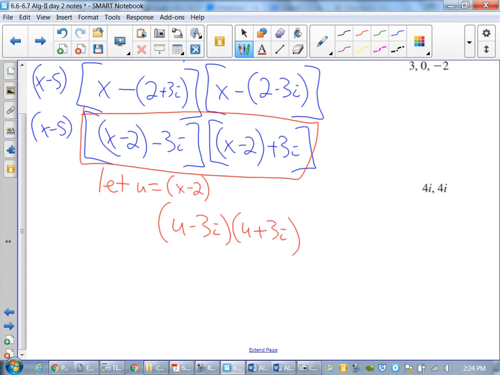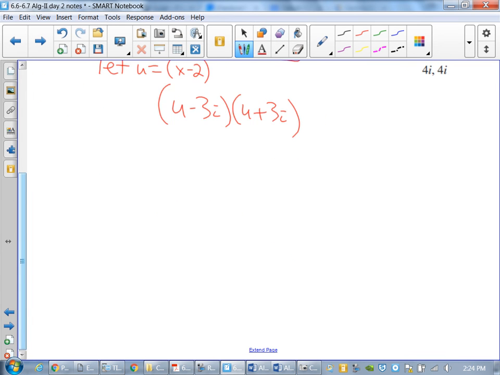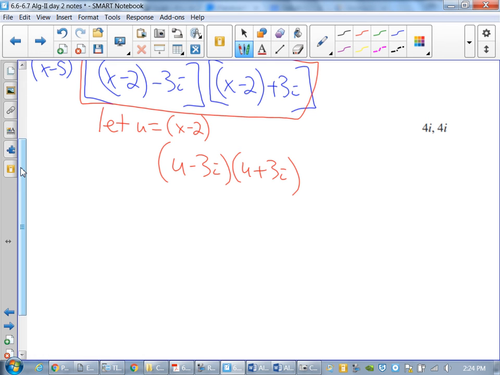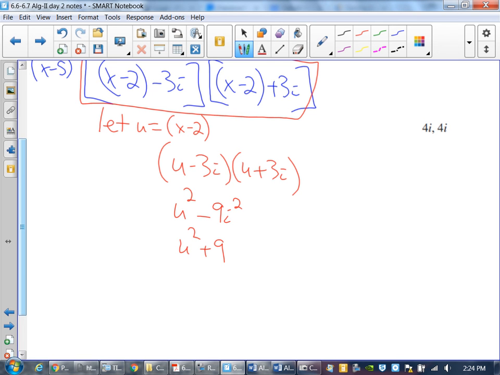So when you do this, you wind up, let me move this up a bit here. If you FOIL this out, u squared, the middle terms will drop, and then we get minus 9i squared. What's 9i squared? Sorry, minus 9i squared. That would be plus 9. So you get u squared plus 9.